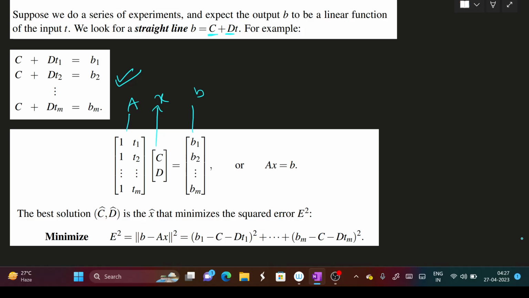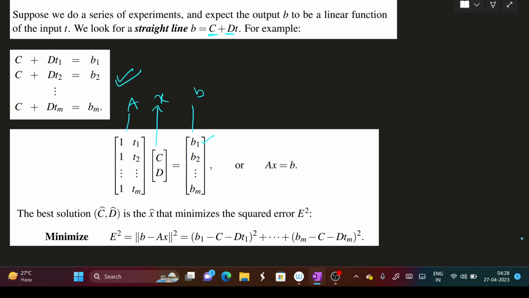So I am interested in finding C and D. Here the first components of this coefficient matrix are all 1. Now what about each term? The original expected value is B1 and I got C plus DT1. So what is the error component? It is B1 minus C minus DT1.